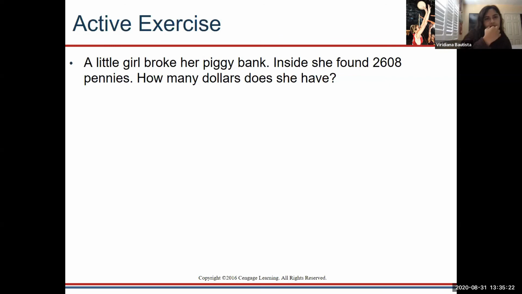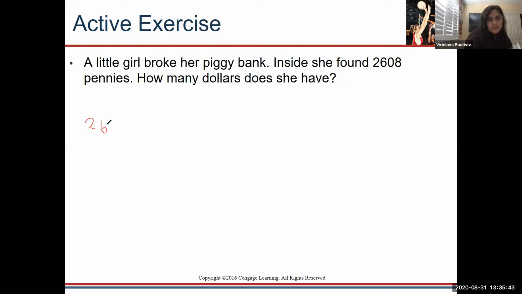Aren't you supposed to divide it? Divided by what? So where am I going to start? 100 pennies is $1. That's my equivalency. Okay, so my starting point is going to be 2,608 pennies.